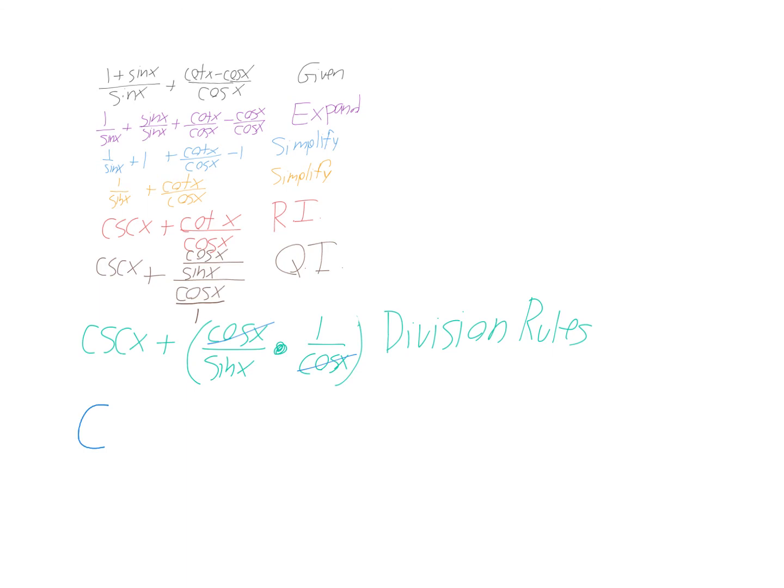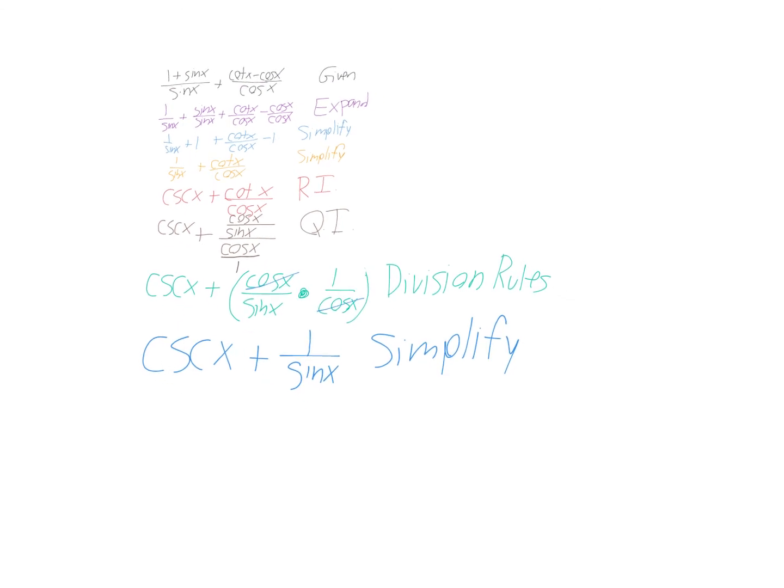So then I have my cosecant of x plus 1 over sine x. That's from simplifying. 1 over sine x, I know that's going to be my reciprocal identity. So I now have cosecant x plus cosecant x.